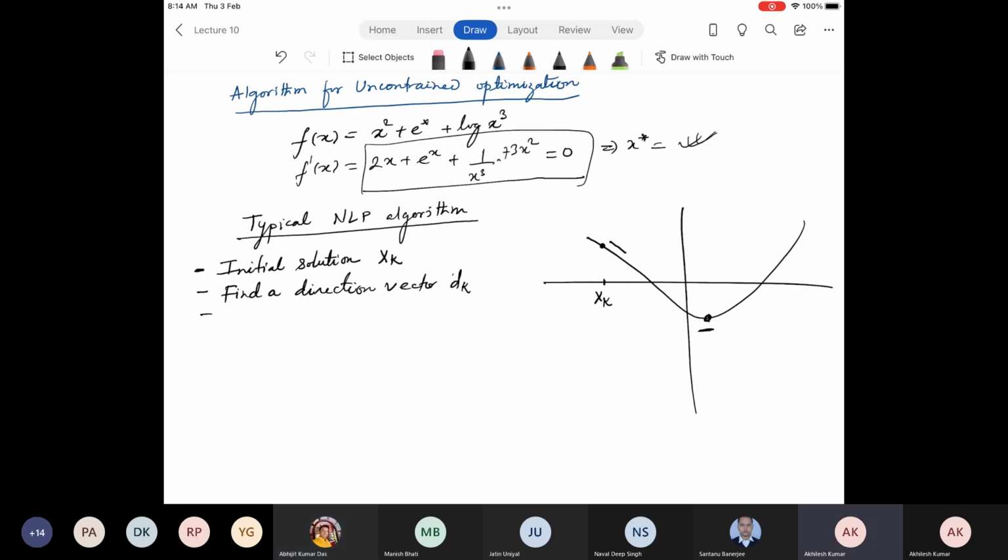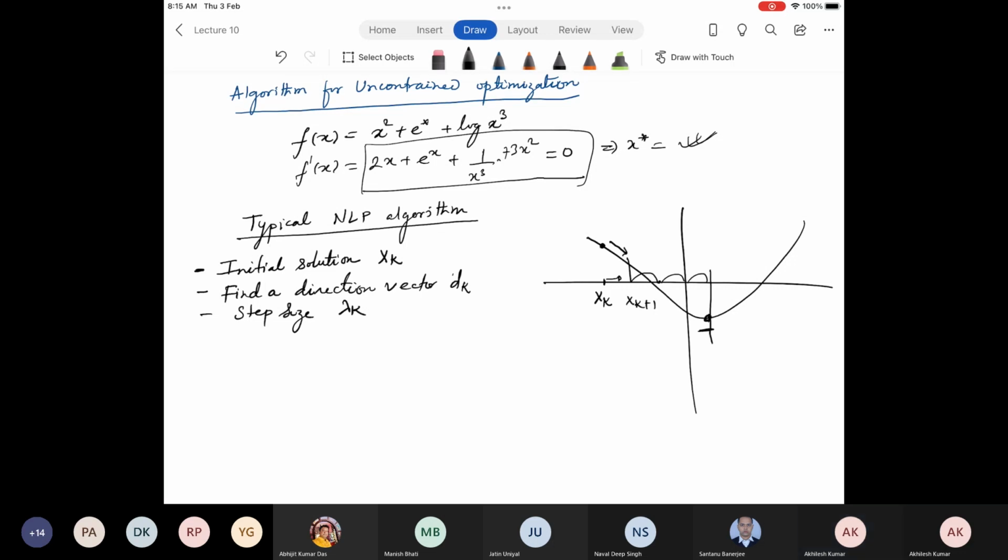Step size. How much step will I take? If I take a finer step, it will take a lot of iterations. If I take bigger steps, I will make fewer function evaluations, but I might miss the minimum. So step size lambda k. If I move in this direction with a step size of lambda k, I reach the next point xk plus 1, and then the next, and then the next, and I might be able to find the optimal solution.